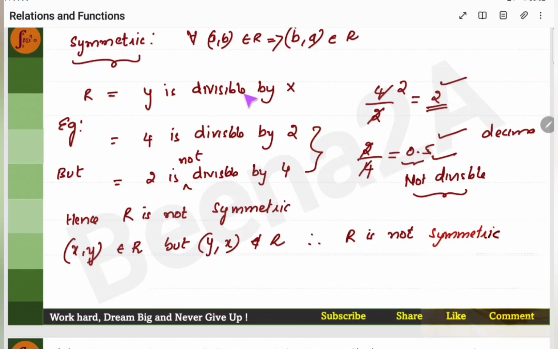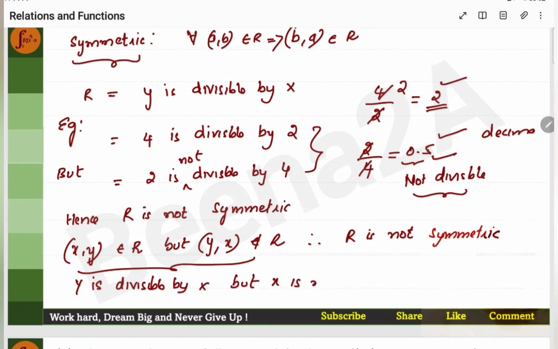So you can take an example and say that R is not symmetric, or you can write in this format: (x, y) belongs to R, but (y, x) does not belong to R. Hence, R is not symmetric. See, this way also you can write. y is divisible by x, but x is not divisible by y. Hence, R is not symmetric. You can write it this way also.